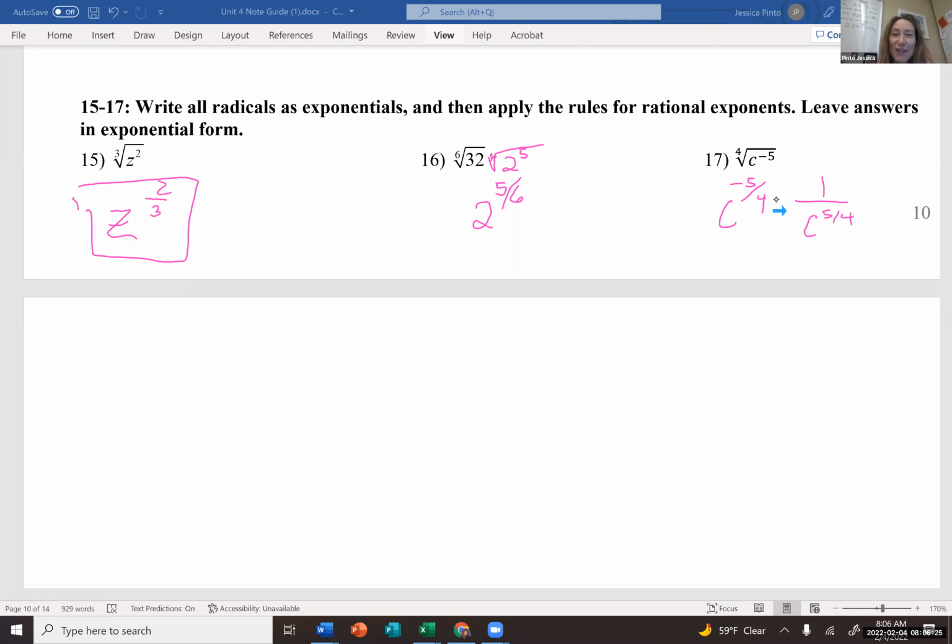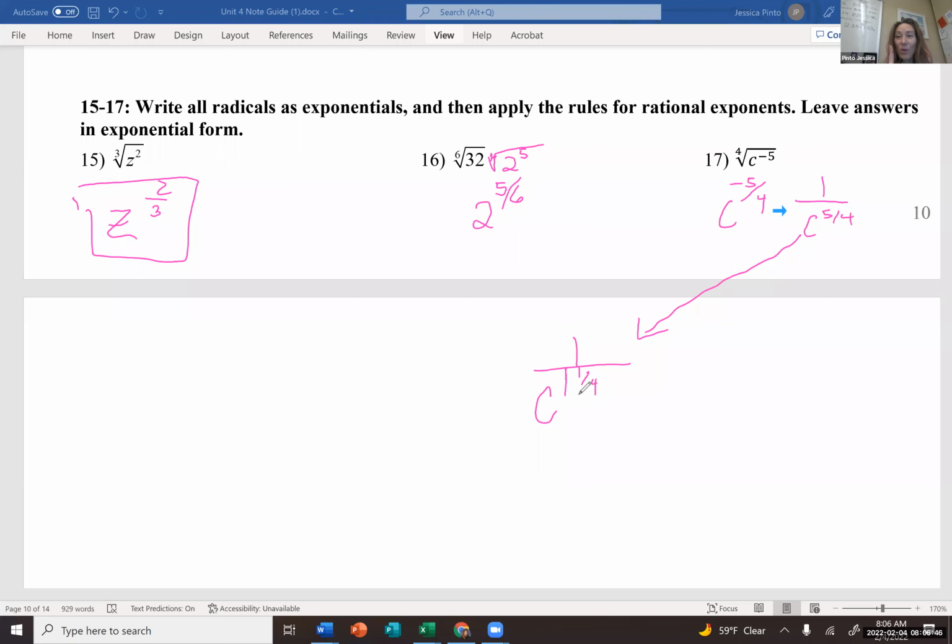5/4. The 5 is bigger. So let's consider this as 1 over, which way do we want to do it? c to the 1 1/4 power. 5 over 4 is 1 1/4.